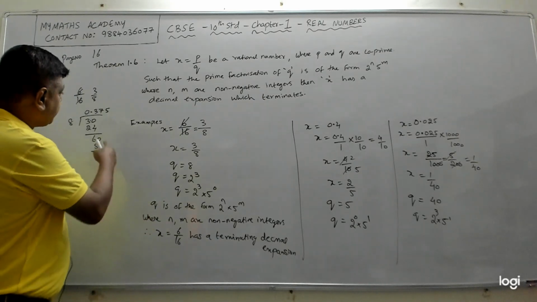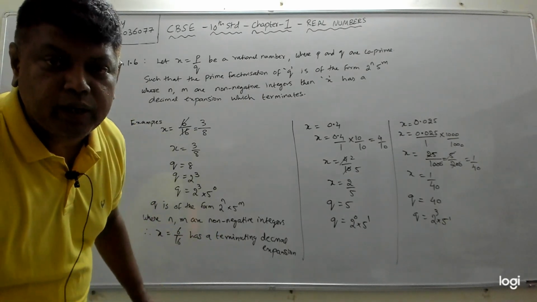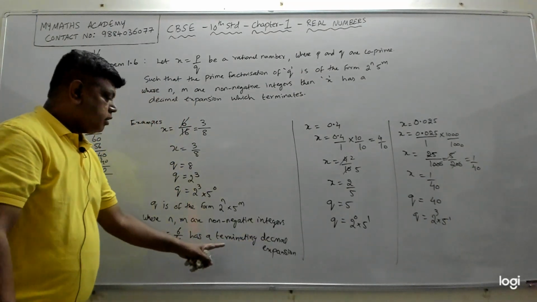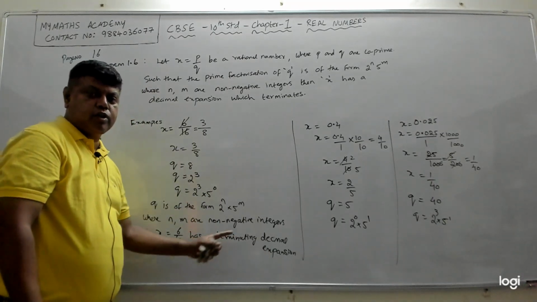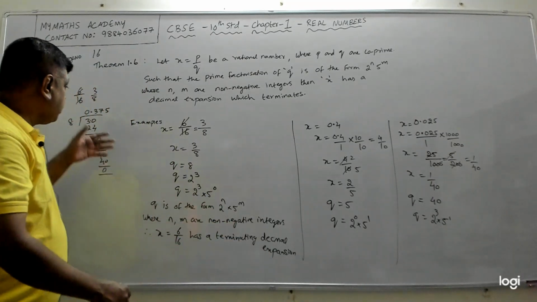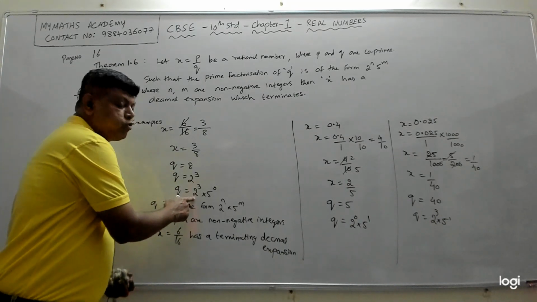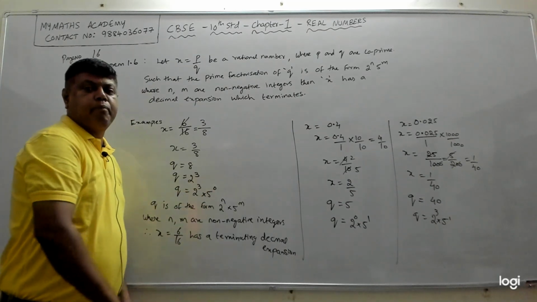So without even dividing, we can say that it will stop. It will have a terminating decimal expansion, which means the decimal part will stop, and you can say this because q is in the form of 2 power n 5 power m.